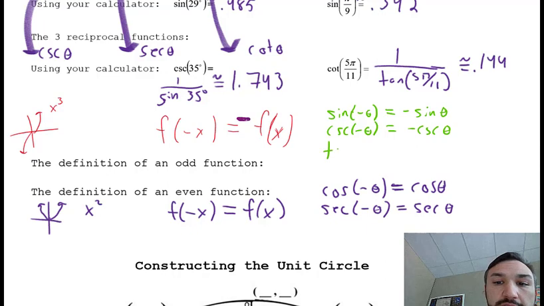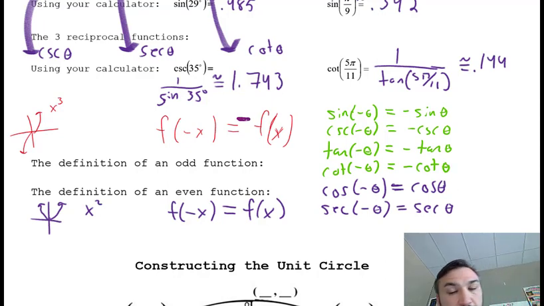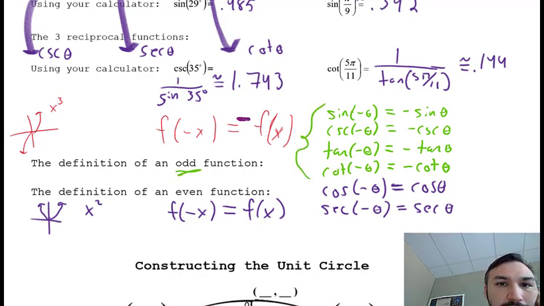We got tangent is odd, and cotangent is odd. So this will be more important as we move throughout the semester, but it's good for you to go ahead and hear it. So in green here, I've got the odd functions, and in purple, the even functions. And all it really comes down to is the type of symmetry that they have.